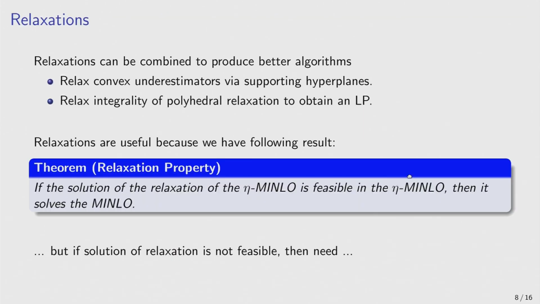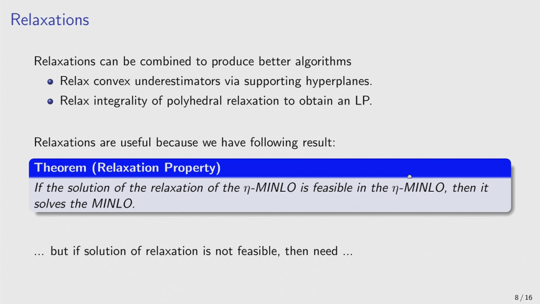So we can combine these relaxations, and we're going to do this. And so, for example, if we construct convex underestimators of non-convex functions, then we can relax them further via supporting hyperplanes. And there's a fundamental theorem that helps us, that says why relaxations are good.